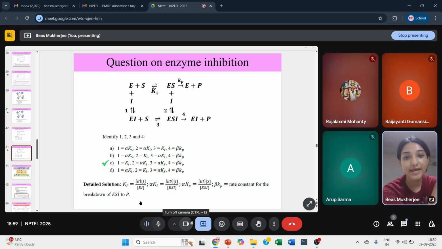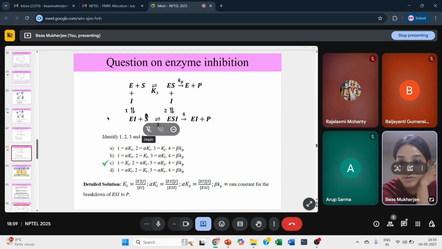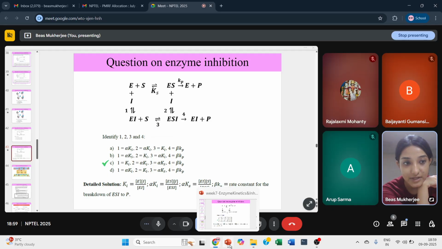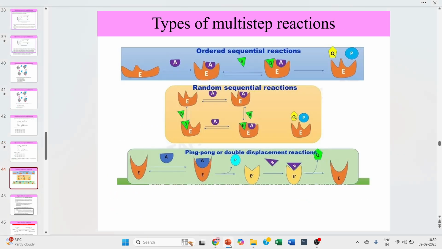So Ki is equal to E times I by EI. Alpha Ki will come where? This one is your Ki, two is actually alpha Ki. This is your which one? C. C is alpha Ks and this is beta Kp. Right? So C is the right answer in this case.